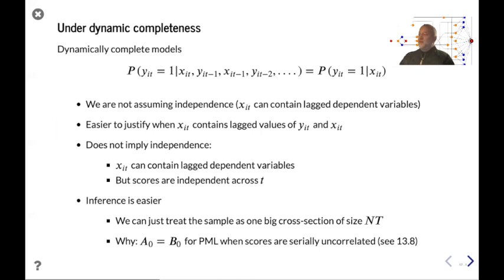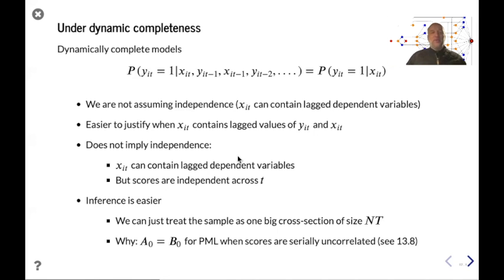Then you can test if those lags are significant, or there are some other tests for dynamic completeness. The more lags of y and x, or the endogenous variables, you have inside x, the easier it is to justify the assumption in some sense.